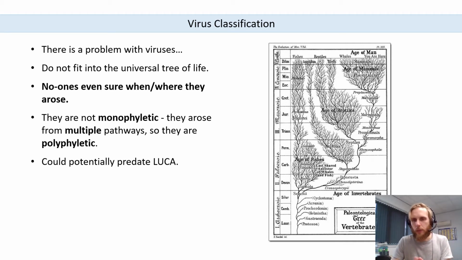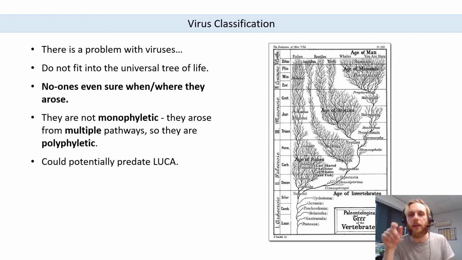Not only that, we can't fit viruses onto their own tree of life. They have to be assorted into at least 7 different trees that don't appear to be related to each other. And not only that, but most viruses don't even fit onto those 7 trees. So we just have no idea how they're related to the different types of viruses that we have. Absolute chaos in terms of classification.